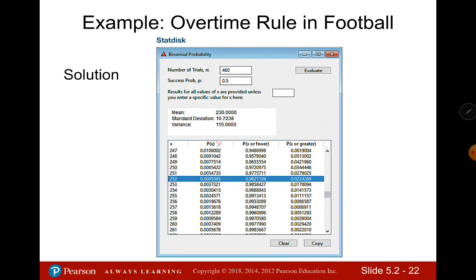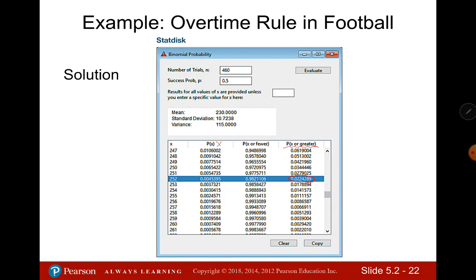We are talking about x or more, which means we should focus on the probability in this column. We locate 252 here, and we need to find the probability of 252 or greater. This is the answer we need to determine if 252 is significantly high or not.